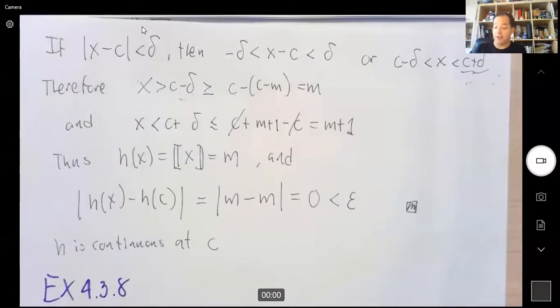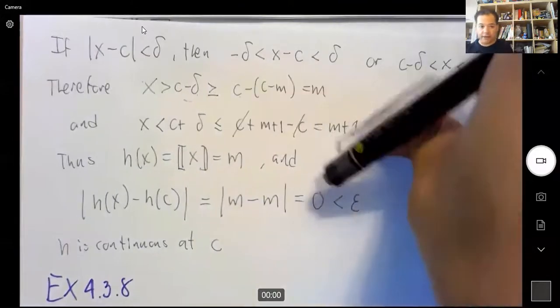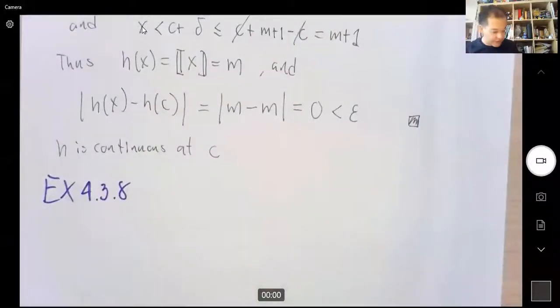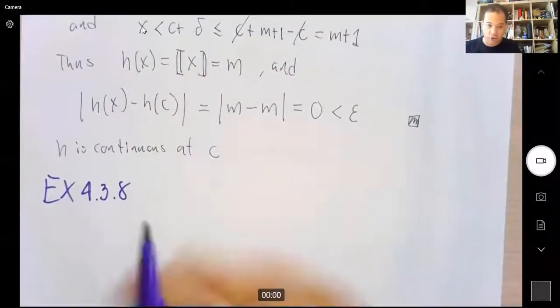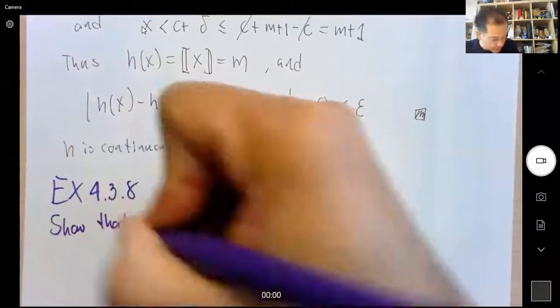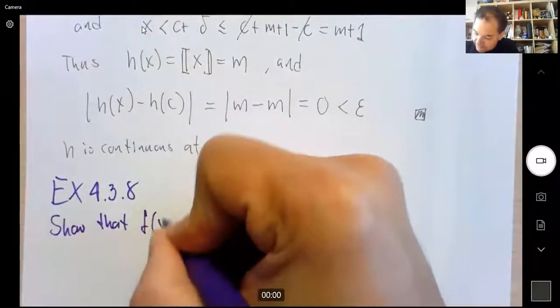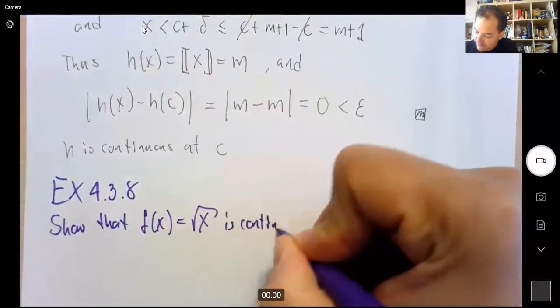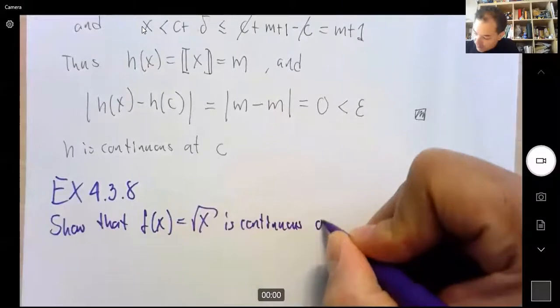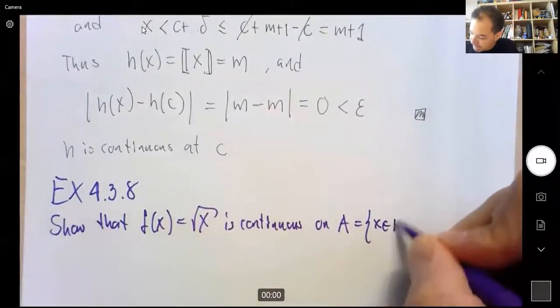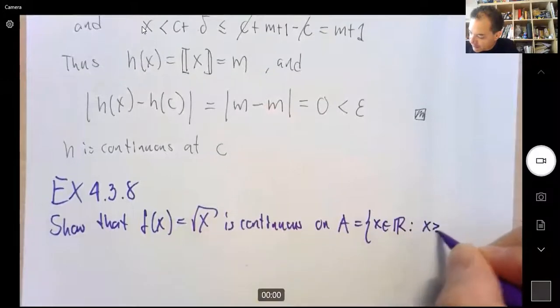I can explain a little bit about that in a moment. But here's what we want to do. This example 4.3.8 is to show that the function root x is continuous on the set of numbers that are greater than or equal to 0.